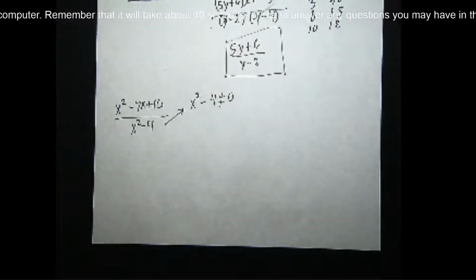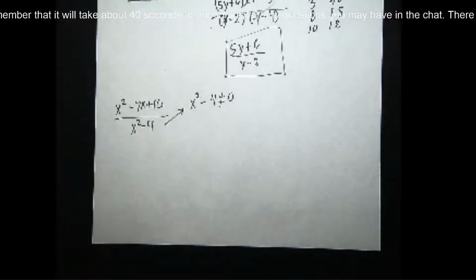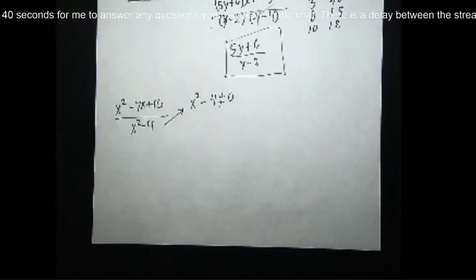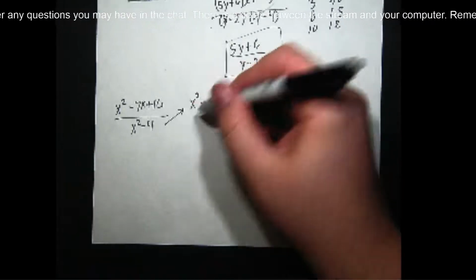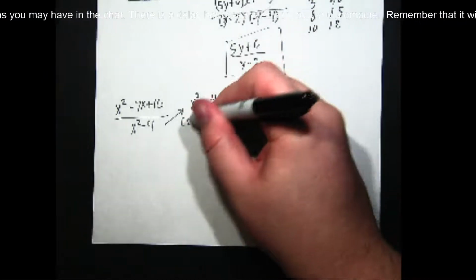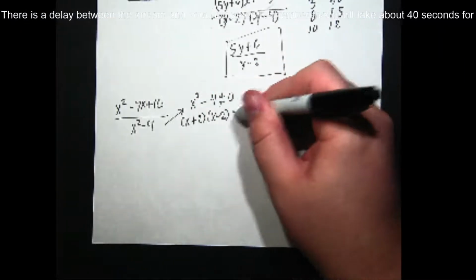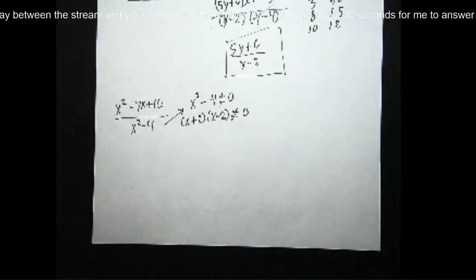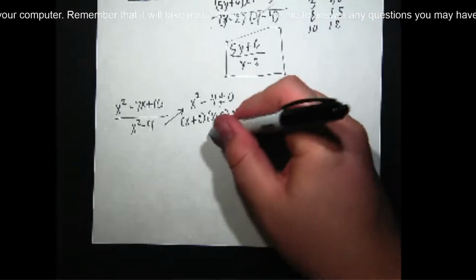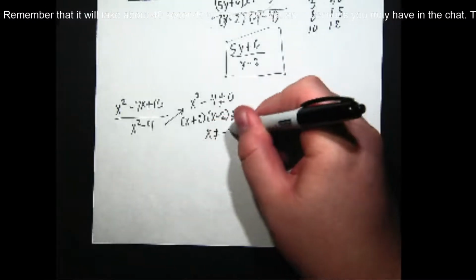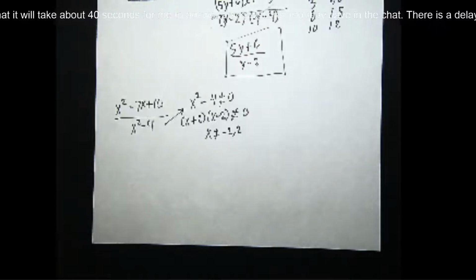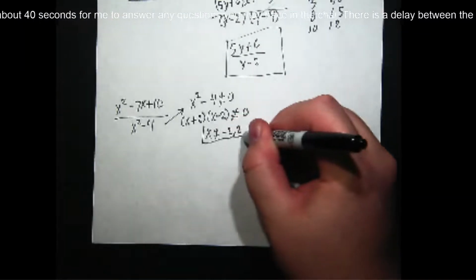Now, when I factor x squared minus 4, what kind of thing is that? How am I going to factor it? It's a difference of squares. Exactly. So this is going to factor as x plus 2 and x minus 2 is not equal to 0. And of course that means that x cannot be equal to negative 2 or 2. So there's our domain. We can actually call it a domain this time because it's x.